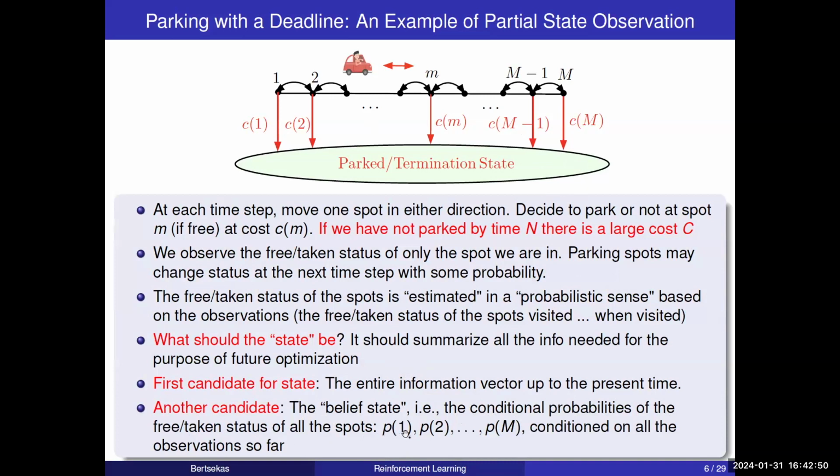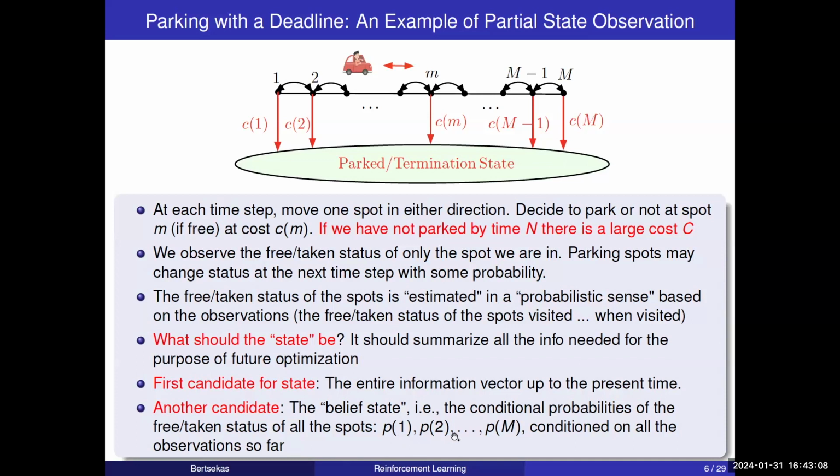So P1 is the probability that spot 1 is taken, P2 is the probability that spot 2 is taken, one probability for each spot conditioned on all the observations so far.